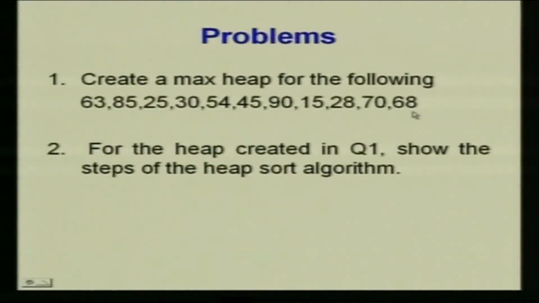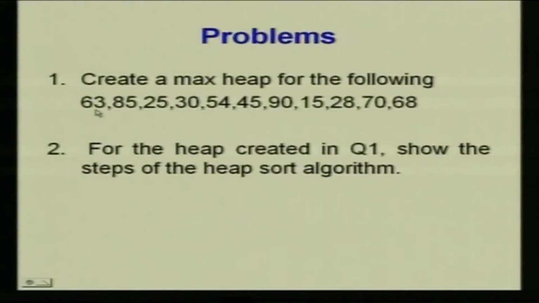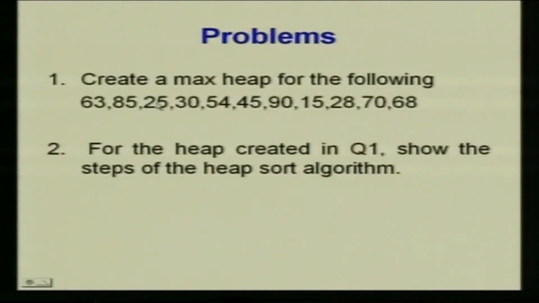So 0 to 10 will be the size of the array, and you start with an unsorted array, then you do the heap creation. Remember the heap: if you take 63, 85 and 25, you have to take the larger of these and put it in the root. So you will have 85, 63, 25. That is over. Then you have 63 in the second position.